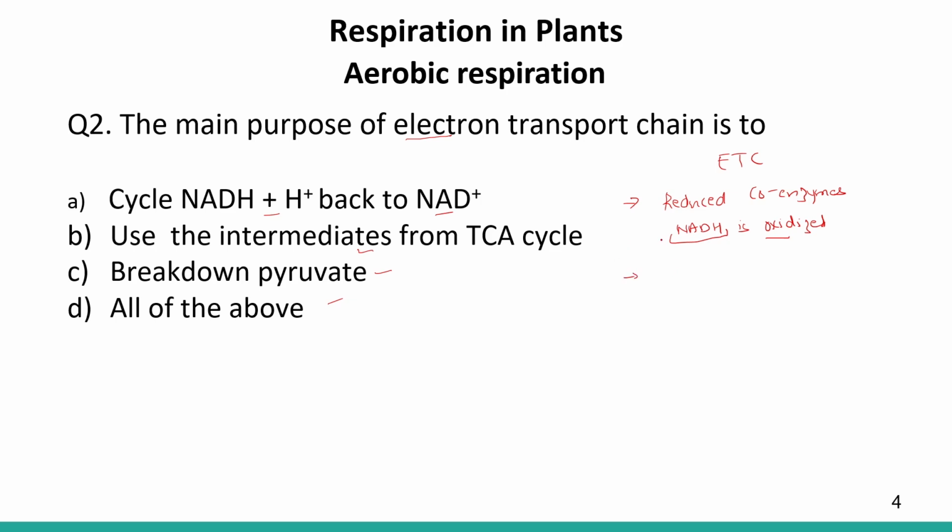Now we know the electron transport chain consists of 4 complexes which are present in the inner mitochondrial membrane. Complex 1 is known as NADH dehydrogenase. This complex transfers electrons from NADH to ubiquinone, and from ubiquinone they are transferred to ubiquinol.